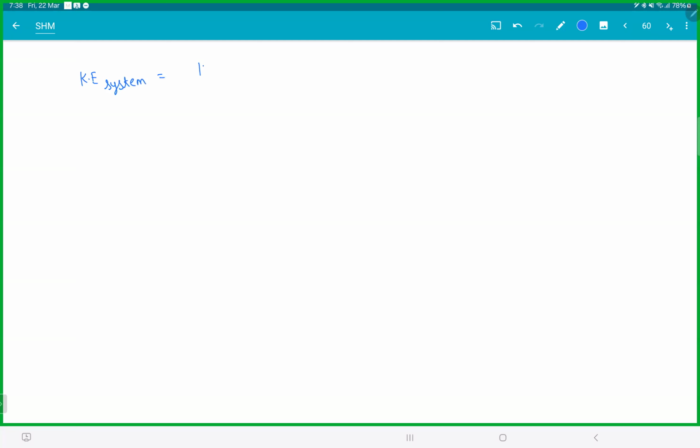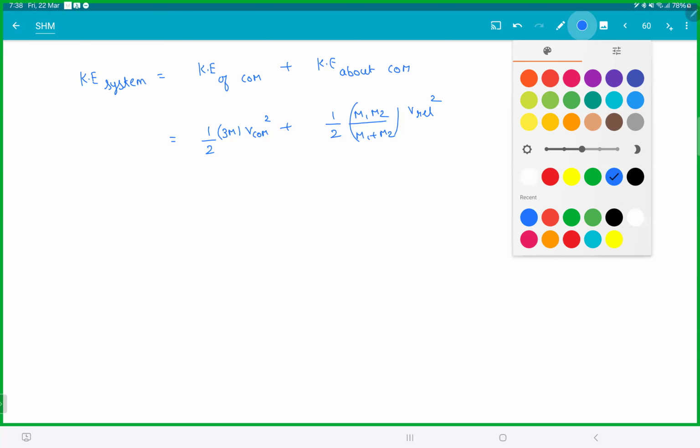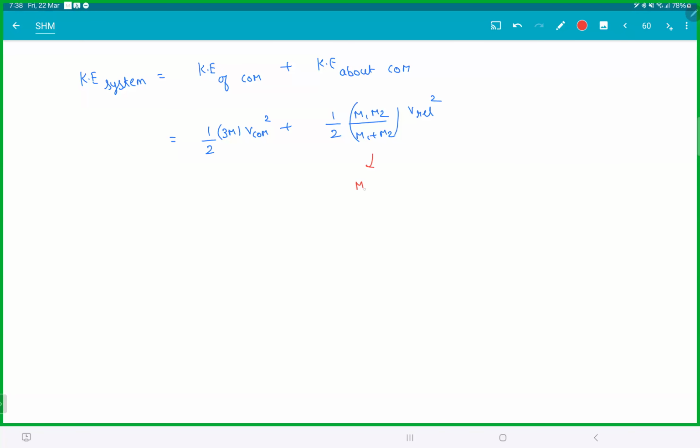If you see here, this is half total mass 3m V center of mass square plus kinetic energy about center of mass. Remember how much is this? Half m1 m2 by m1 plus m2 V relative square.